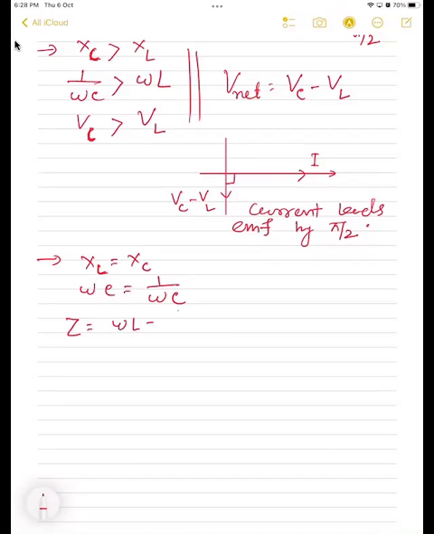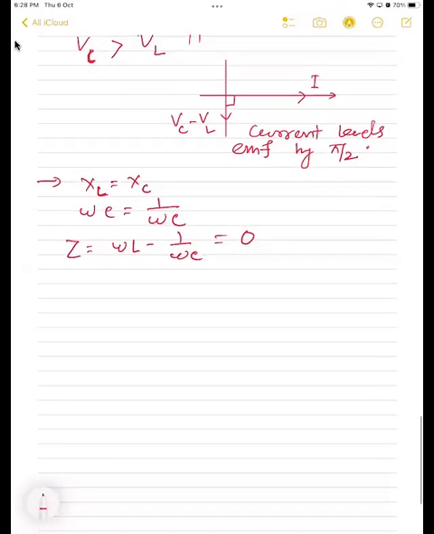Omega L minus 1 by omega C. So that impedance is going to be 0, because XL equal to XC cancel out. So current I is equal to E by Z.